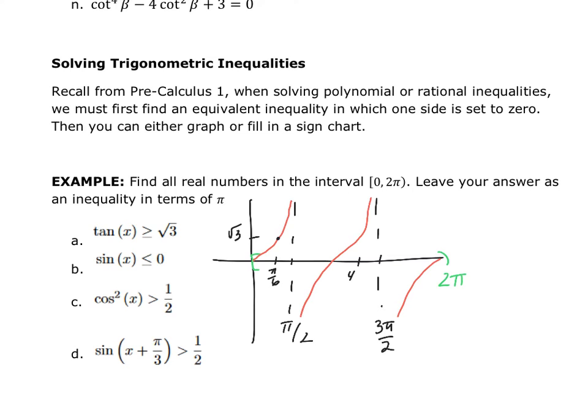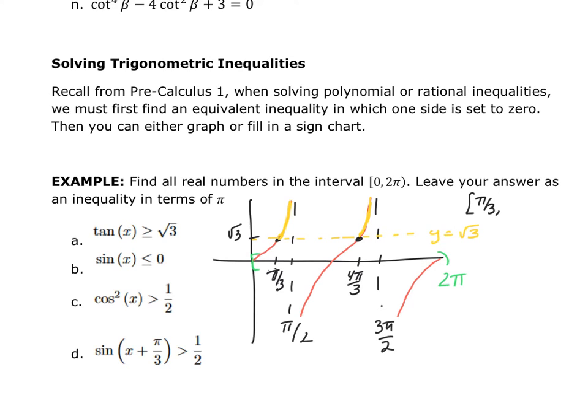So pi over 3, and then again at 4 pi over 3 is when I'm at the square root of 3. So if I think about it, here is where we have y is equal to the square root of 3. So any value that is on the tangent in this region is going to make that a true statement.